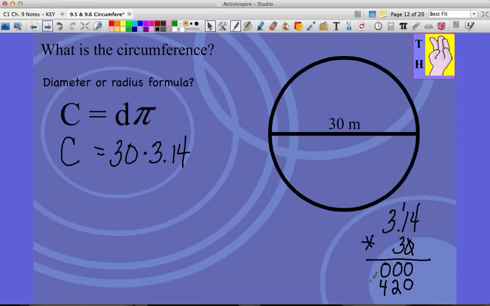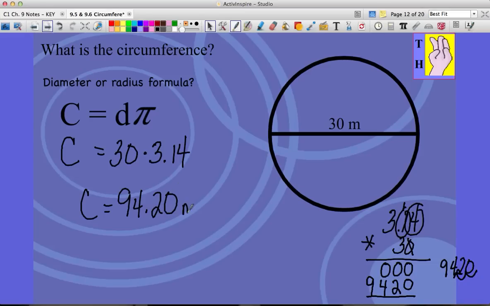And then 3 times 3 is 9. When I add all of these together, I get 9,420. However, because there are two numbers after the decimal, I need to move my decimal 2 places to the left. So the circumference of this circle is actually 94.20 meters.